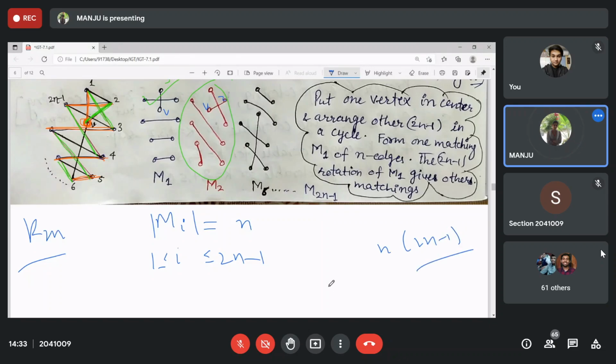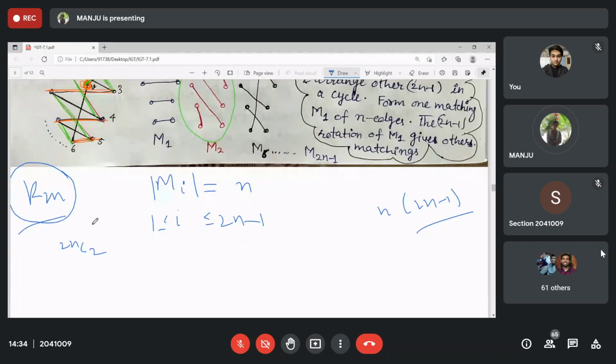Clear? So these are disjoint. Are all the edges covered? Just check it. How many edges are there for K2n? Yes, covered. 2nC2, which is 2n into 2n minus 1 divided by 2 factorial.